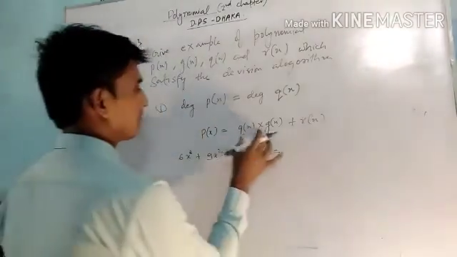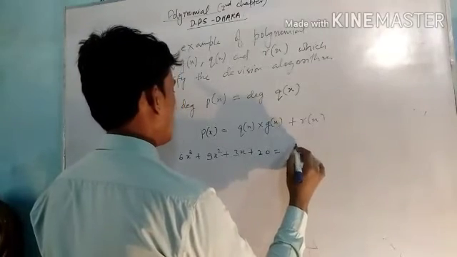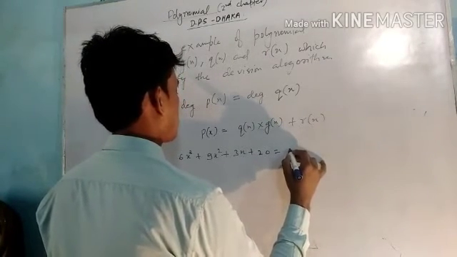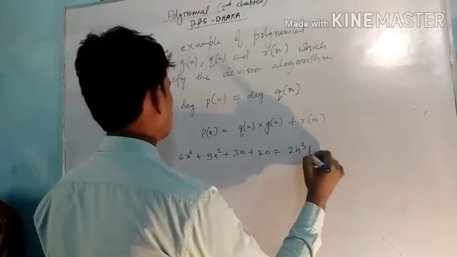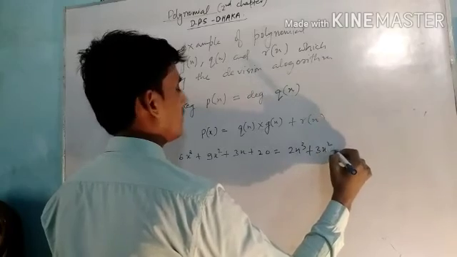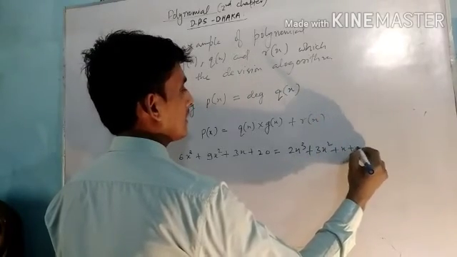and we write the qx as 2x cube plus 3x square plus x plus 5.